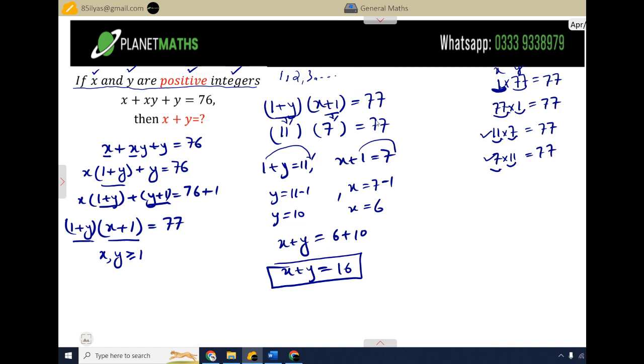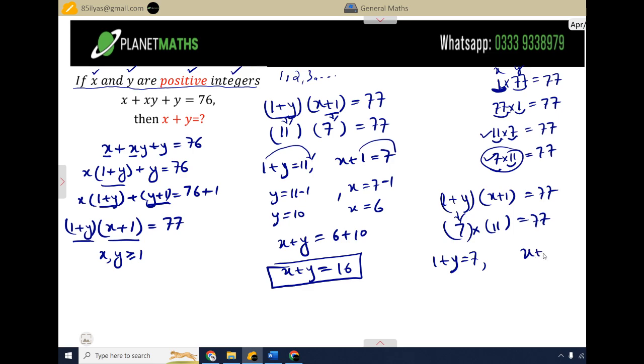Now the other possible answer is from the pair 7 into 11 is equal to 77. Put 1 plus y is equal to 7 and x plus 1 is equal to 11.